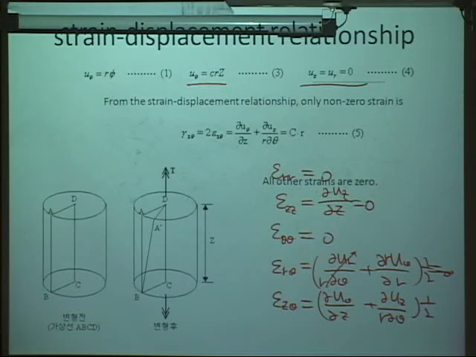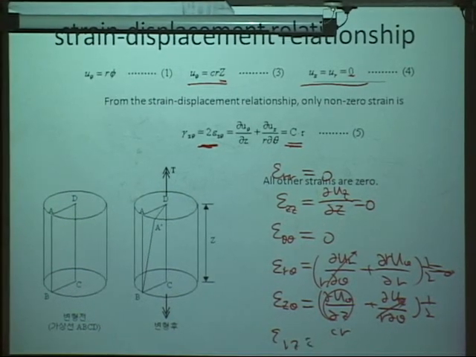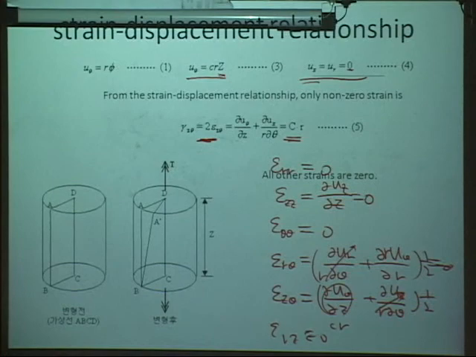As you can see here, u theta is a function of z there. So with respect to z, this term will be C r, and for this term, z is a 0 displacement, and this term will be this up here. So we only have these terms, C r. What about the last one? r z, right? u r equals 0, u z equals 0, so this will certainly be 0.